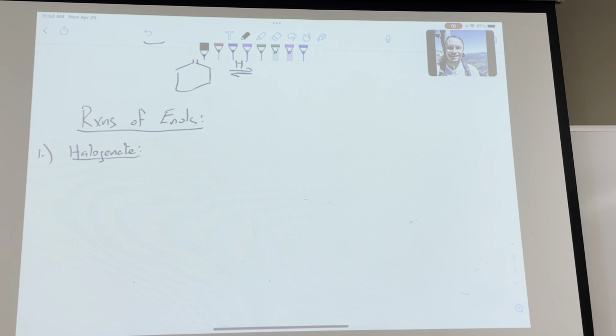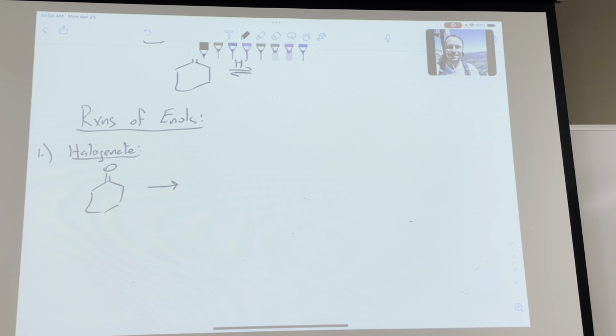I'm going to show you a generalized reaction, and then we'll look at the mechanism together. If you take an aldehyde or a ketone, we can take a molecular halogen and add that to the alpha position.